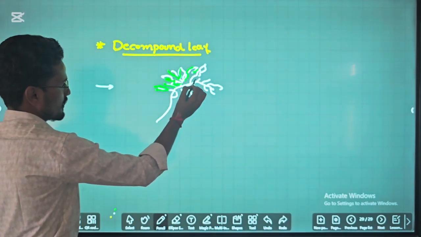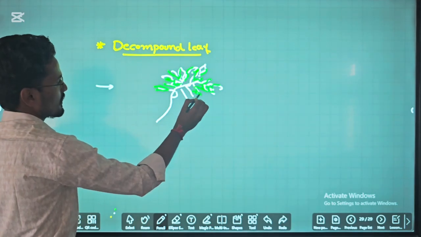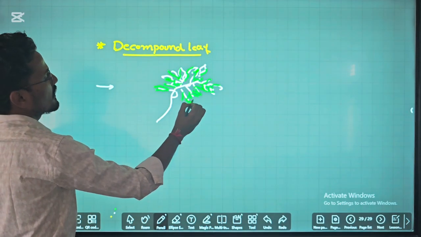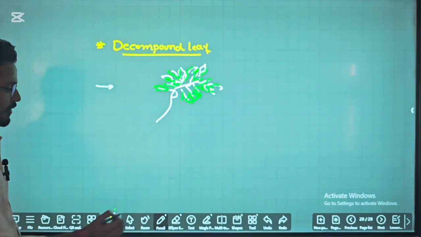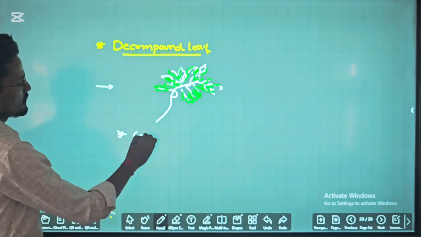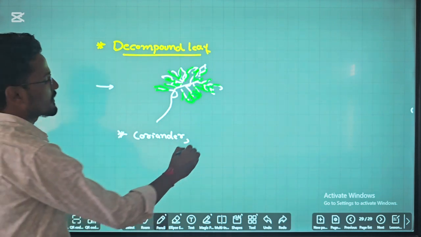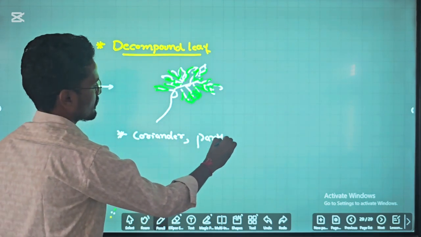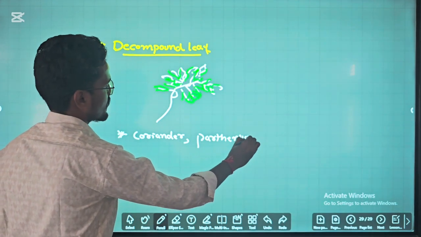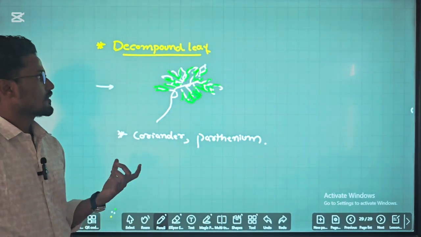We can't distinguish which one is secondary axis, which one is tertiary axis, and which ones are leaflets. This type of arrangement we commonly see in coriander and parthenium. So this is all about the types of leaf.